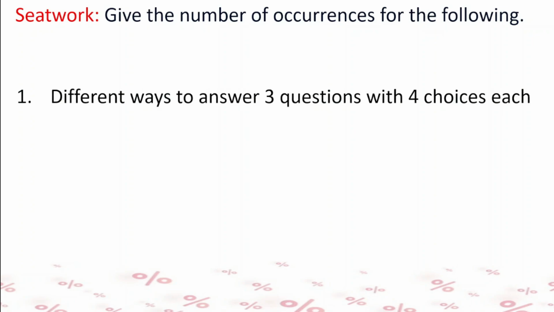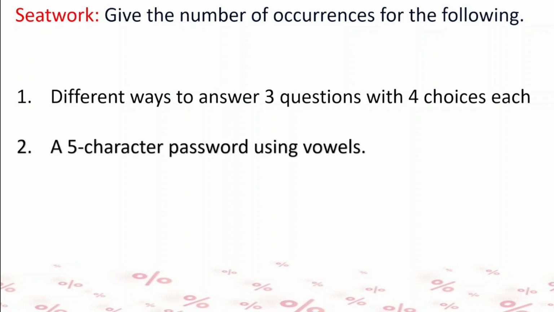Now, for your seat work, I want you to give the number of occurrences for the following. Number one, how many different ways can you answer three questions with four choices each? Number two, how many ways can you come up with a five-character password using vowels? By the way, some of the students still don't know what vowels are.